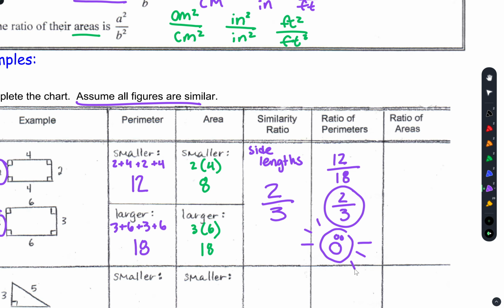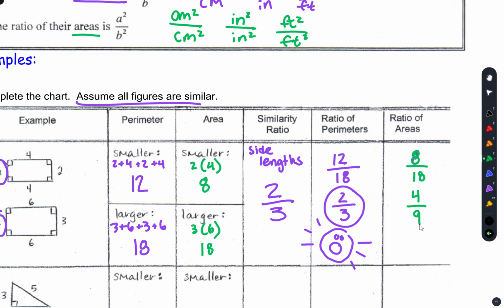We're going to do the same thing for the areas. I'm going to take my two areas, 8, in a different color, 8/18. That reduces, I can divide both of those things by 2. It reduces to 4/9. Now think about how I got 4/9.